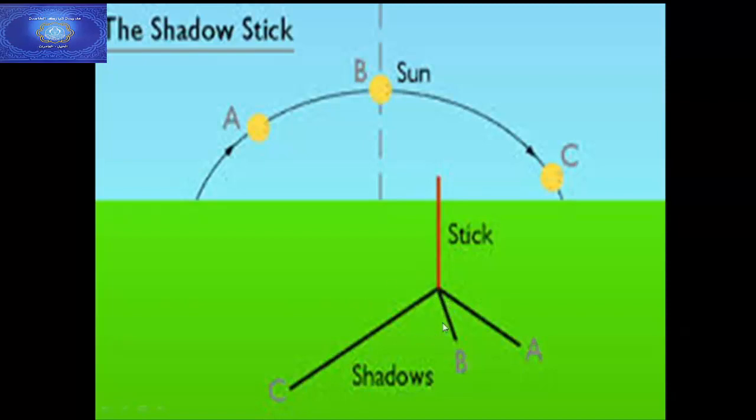Shortest shadow at B, that is midday. The longest shadow is in the evening or at sunset, and here in the morning before 12 o'clock.